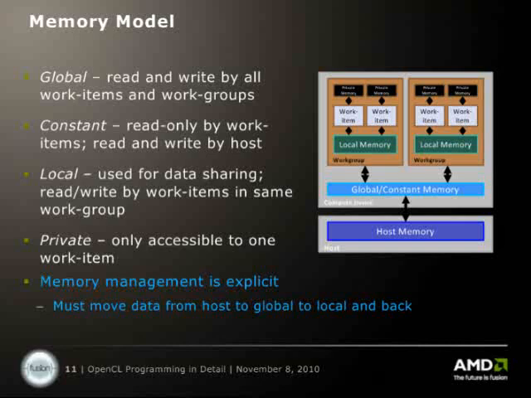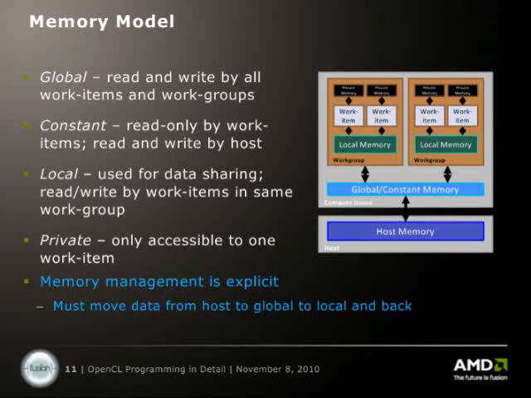As far as the memory model, OpenCL supports a hierarchy of different types of memory to reflect the nature of the memory that one would find in a hybrid system like this with distributed memory. There's global memory, constant memory, local memory, and private memory, each of which has different degrees of access from the work items and the work groups.